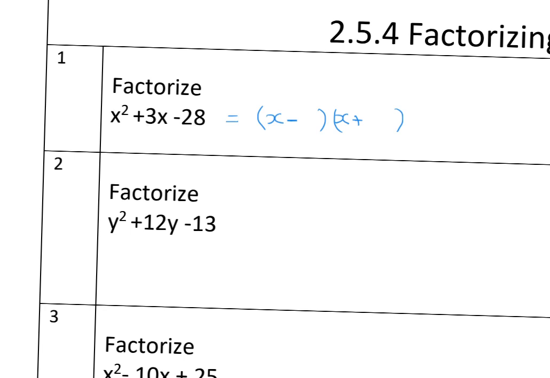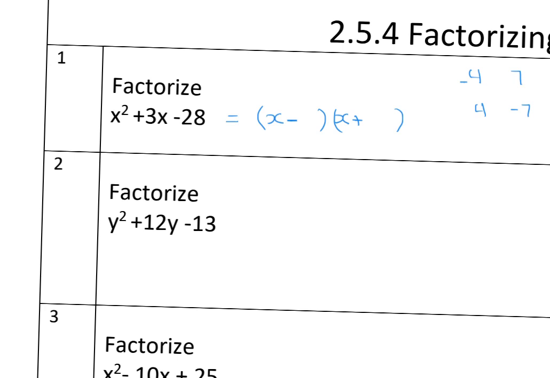So how to get 28? 4 times 7, but one of them is negative, so negative 4 times 7, or 4 times negative 7. You can try. If we add negative 4 plus 7, we get 3. So the first pair does work.